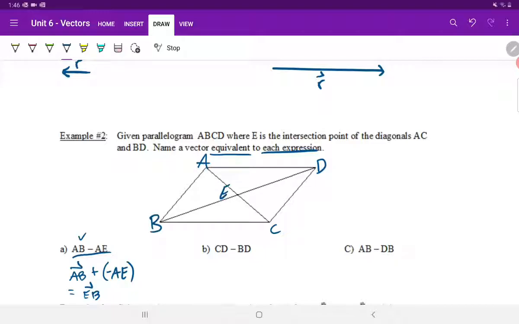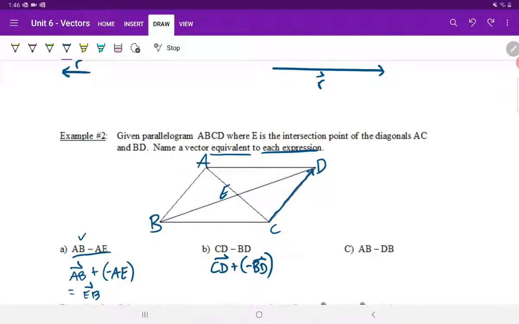So next we're doing CD minus BD. So that becomes CD plus negative BD. So CD, and then BD is actually in this direction here, but we're not going to draw it like that because it's minus, right?